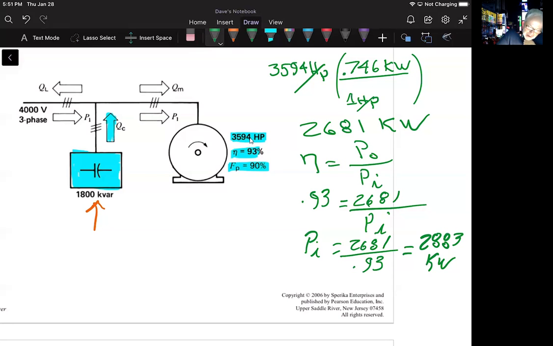The power output is 3594, running at an efficiency of 93%. So it takes more power. It doesn't convert all the power to output mechanical power available at the shaft. There's a loss inside that motor, and it's telling us that, based on that efficiency of 93%.